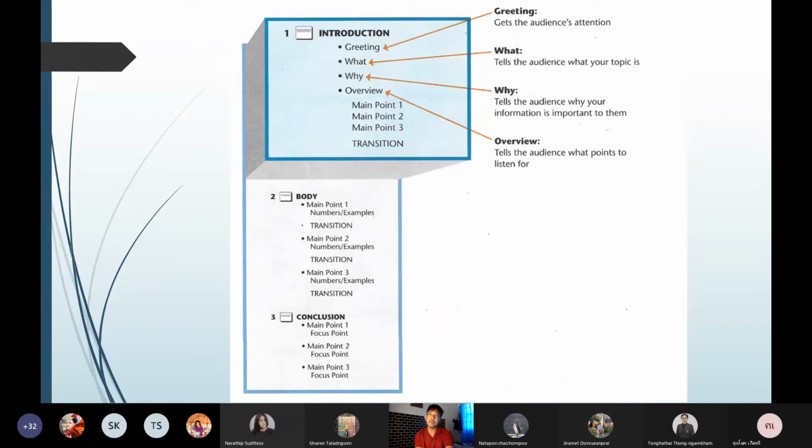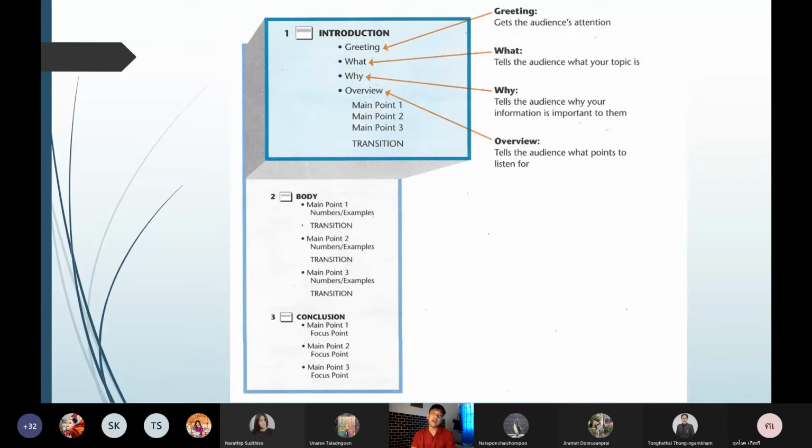In the introduction, it comprises four sub-points. We have the greeting, the what, the why, and the overview. Again, the introduction has the greeting, the what, the why, and the overview.